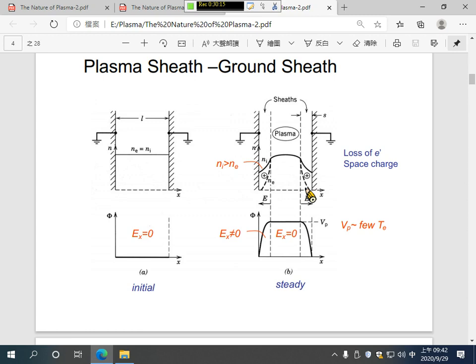So we can draw the direction of the electrical field. In this region, the E field points from the plasma to the surface of the metal plate.